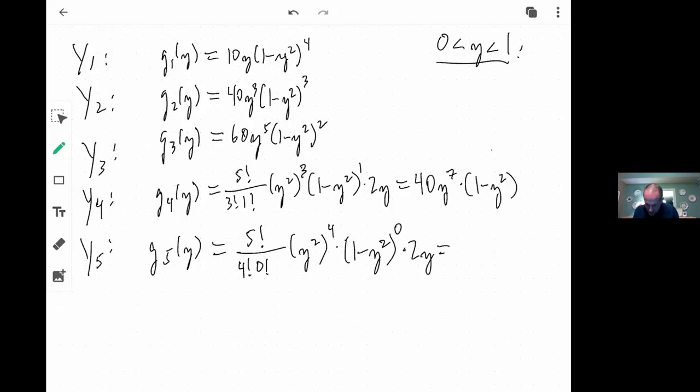So what do we get here? This is going to be 10 times y to the 9th. Okay, and there are all 5 of our densities corresponding to the order statistics. We'll look at a graph of these next, and we'll consider that to be a day.